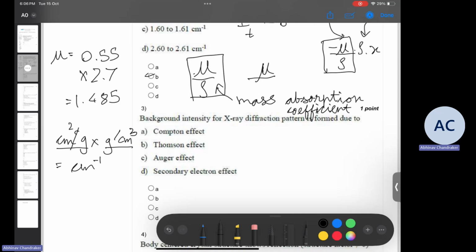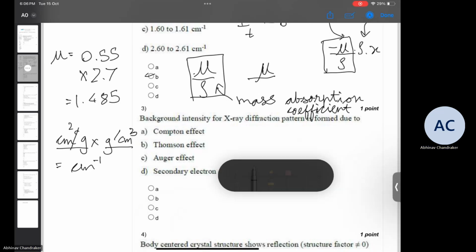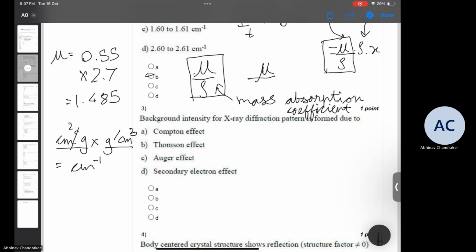The third question is, background intensity for X-ray diffraction pattern is formed due to... Let's see it one by one. We know that in case of X-ray diffraction, there is no role of electrons. So secondary electron effect will not be the correct option.